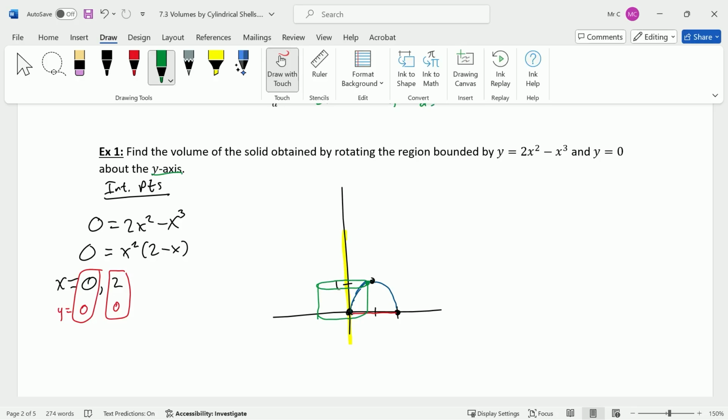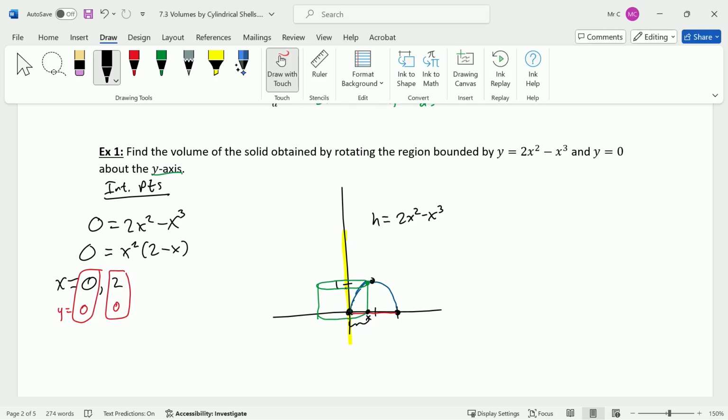The key things being, we need to be able to figure out what the height of the shell is. So the height, that's pretty straightforward in this case. It's the distance from y equals 0 to the graph. So it's literally just the y value of the function. And the radius is the distance out from the y-axis to the point on the cylindrical shell. And that's just some x value, right?